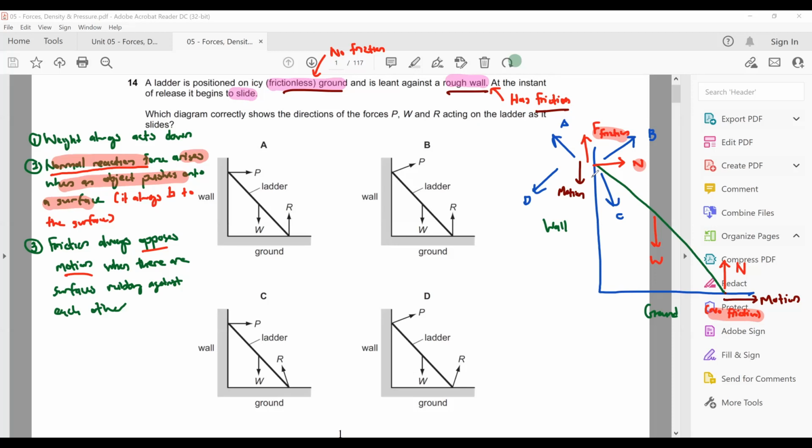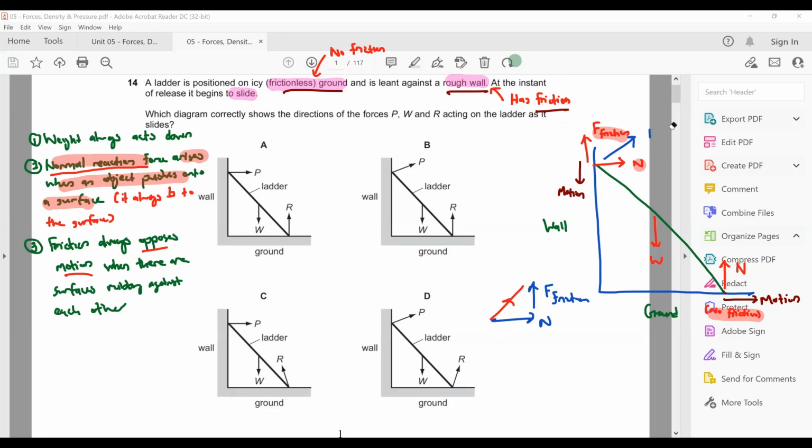I think it's B. Yes, correct. Because remember, if you try to draw the vectors from head to tail, this one is N, this one is force of friction. The resultant will be from the first point to the last point. So the correct direction should be B. All the others are actually not correct.